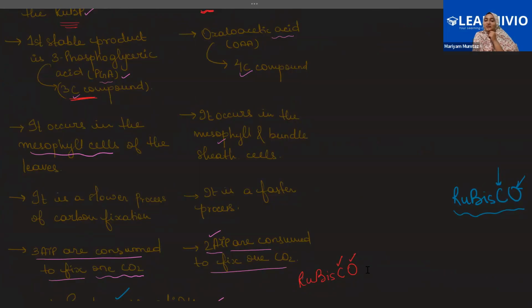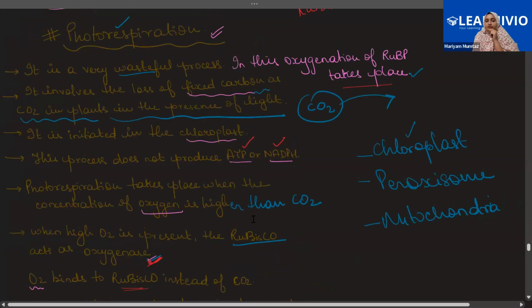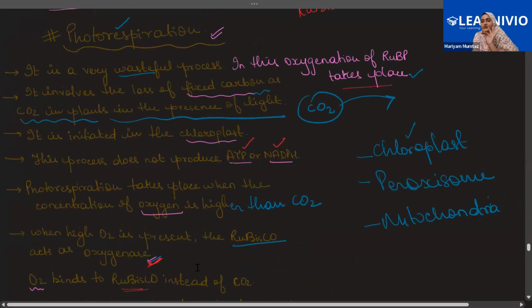Don't wait for the others to answer. Someone tell me. How would I know what you have written? Ma'am, we finished writing the differences between C4 and C3. Okay, all right. Now you have to start from photorespiration. Okay, students, now you can switch off your videos. Write down comfortably.